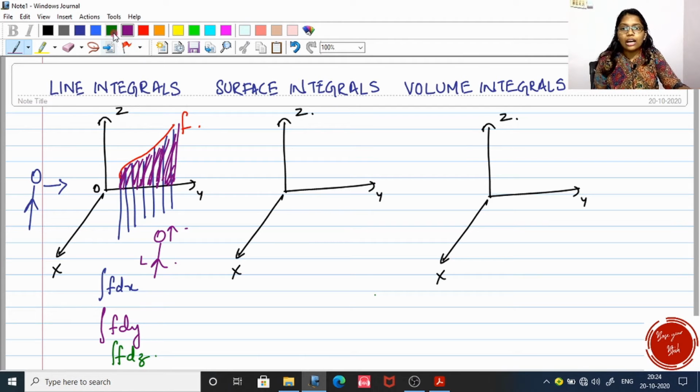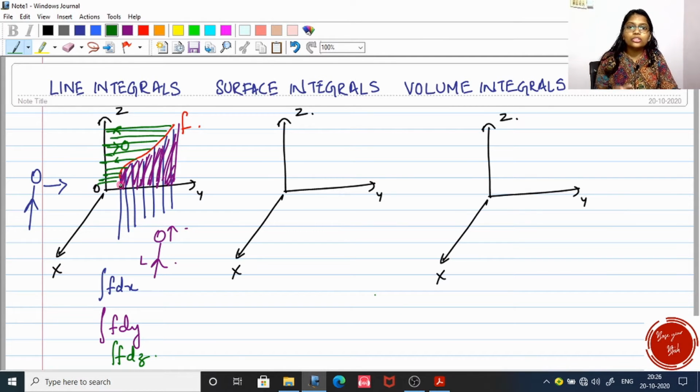Now the last one is integral f dz. For that, where you have to stand is over here. So the left side becomes your origin and the right side becomes your positive z-axis, isn't it? While looking from that end at this function, what you get is the area of this function with respect to this z-axis.